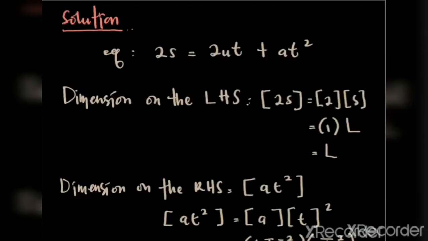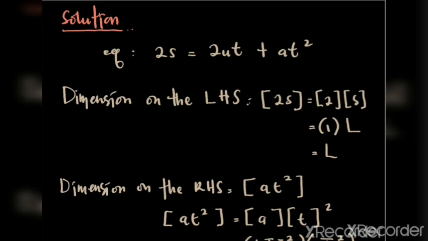Okay, to solve the problem, we have the equation 2s = 2ut + at². To check whether the equation is dimensionally correct or not, you have to check the dimension on the left hand side and the dimension on the right hand side.